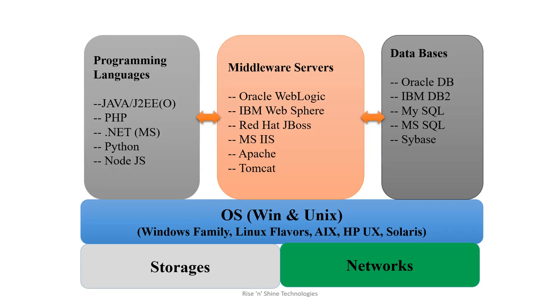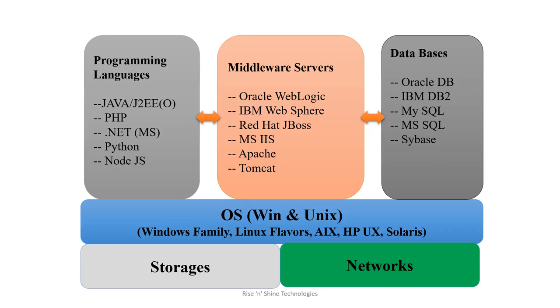So that is the beauty of this service model: infrastructure as a service, platform as a service, or software as a service. But before depending on these services, if you are talking about one application being up and running, just remember that it is going to use the OS, storage, networks, programming language, middleware servers, and databases.